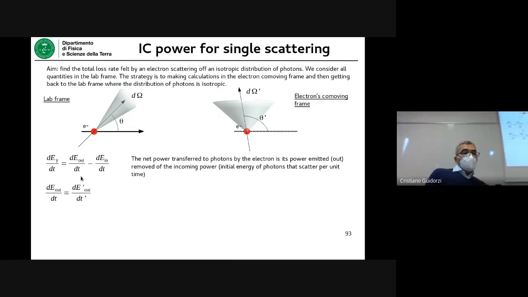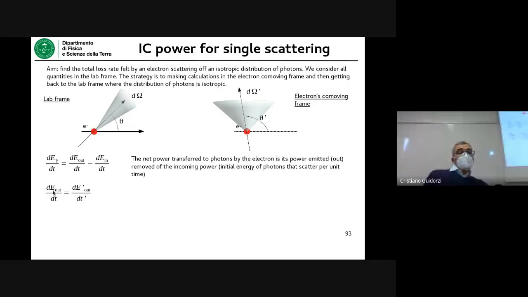This is something that we already used at least once, which is the fact that when you measure the rate of change of the energy of one particle, in this case the electron, this ratio... E out is the energy of the electron, so it is the time-like component of a 4-vector, which is the energy-momentum 4-vector of the electron.